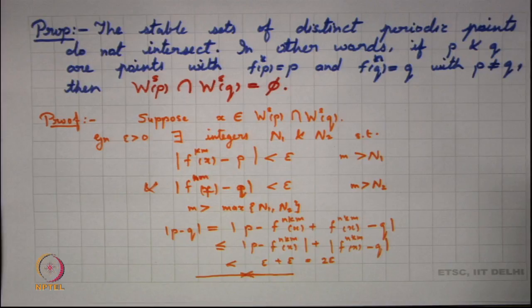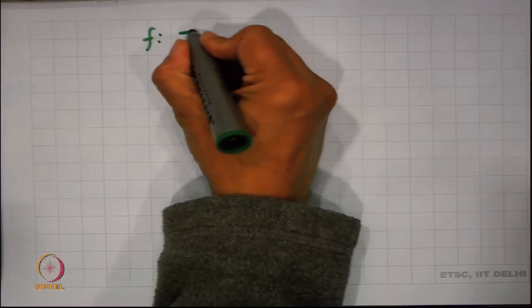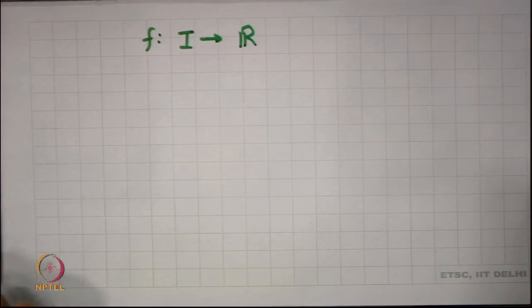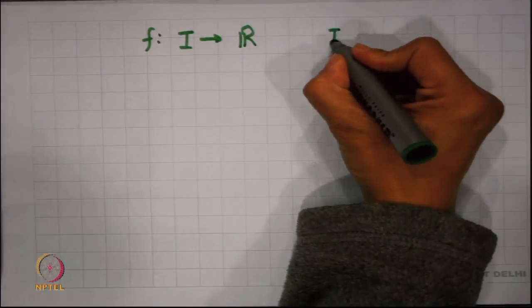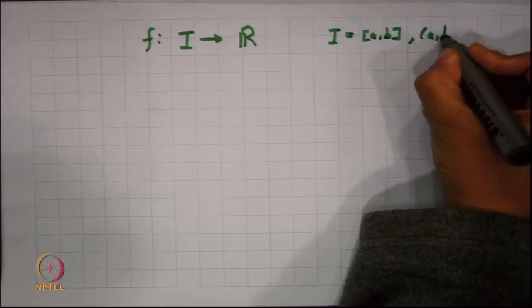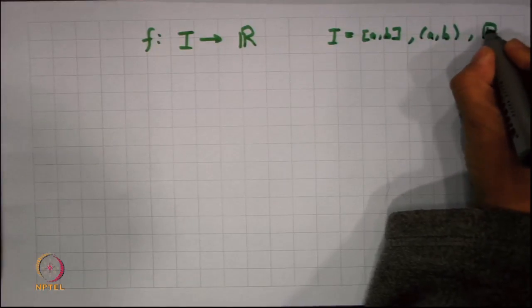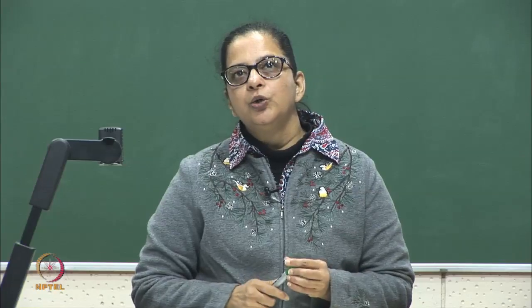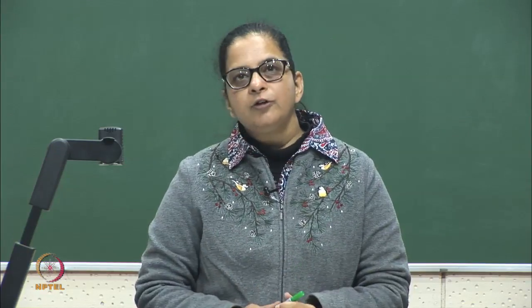We now go on to defining something, and today our basic concentration will be on looking into f, a function mapping from an interval I to R. We are only going to look into interval maps here, where my interval can be something like a closed interval, it could be an open interval, or it could be R. Today we will be looking into interval maps, and we will be trying to understand the dynamics from some properties of f.